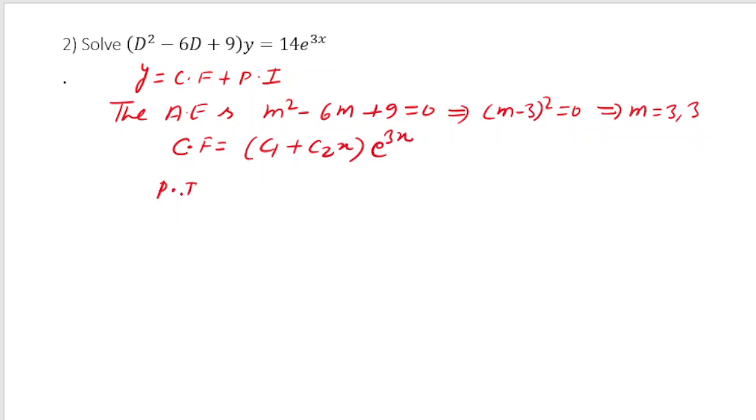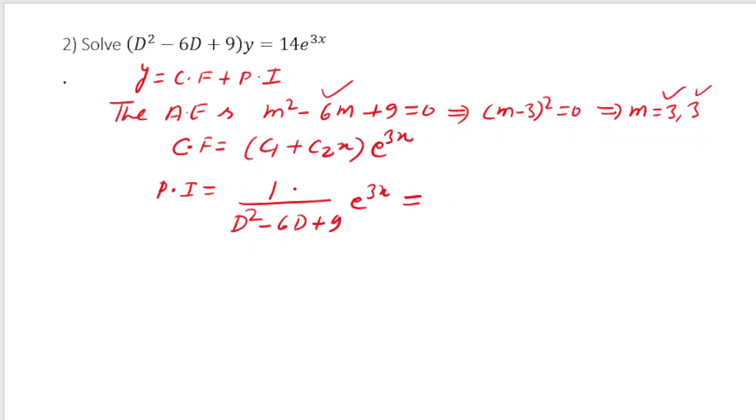And what is the particular integral? The particular integral will be 1 by D square minus 6D plus 9, and that I will operate on e to the power 3x. If you look at this, it is already obvious that if I put 3 here in place of D, it will become 0, because this expression has roots 3 and 3.